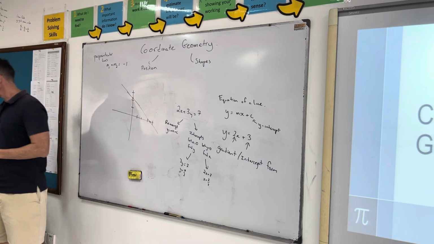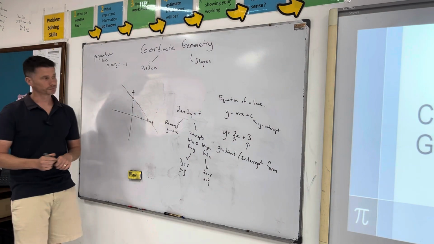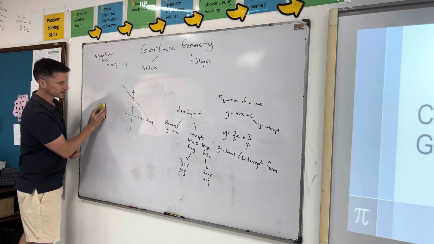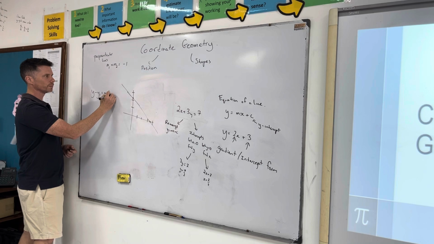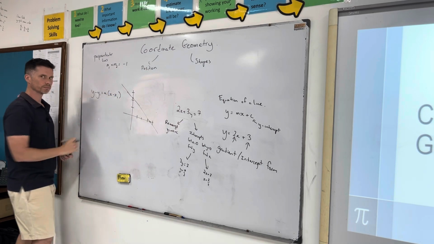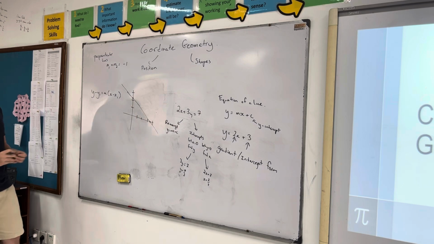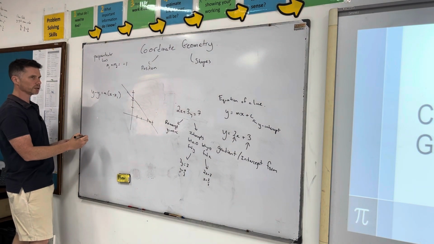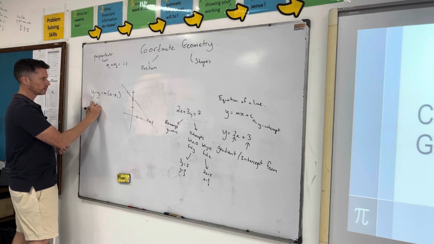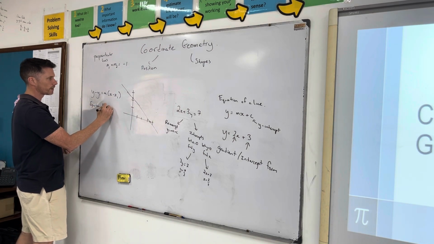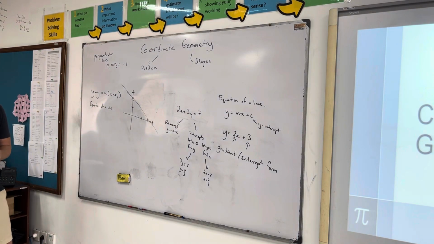Okay, have I forgotten anything? Oh yes. This formula. Have you seen this before, for the equation of a line? This is given to you in the formula booklet. This is the equation of the line formula. It's another way of working.